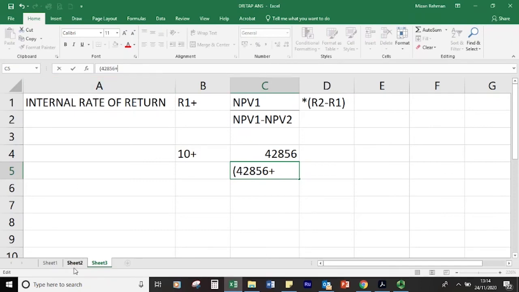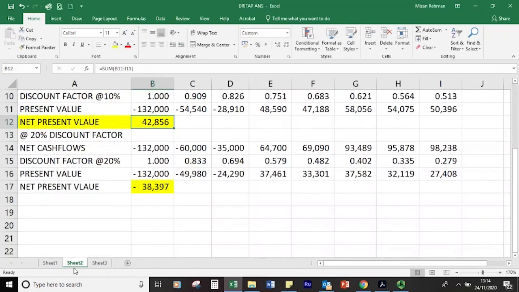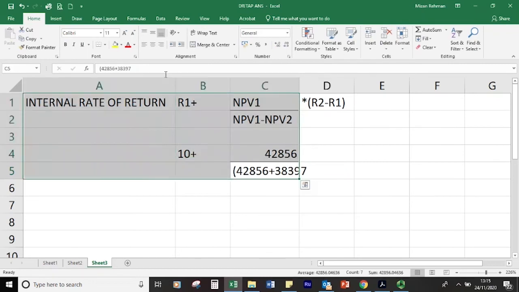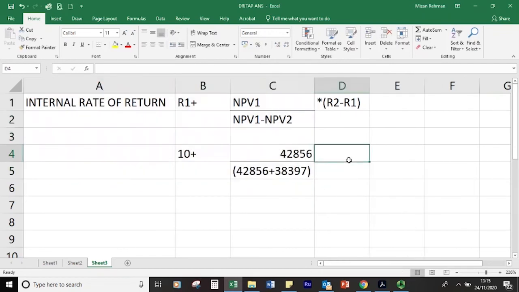Let me double check: 38397, yes. The brackets are closed. And now R2 is 20 minus R1 is 10.